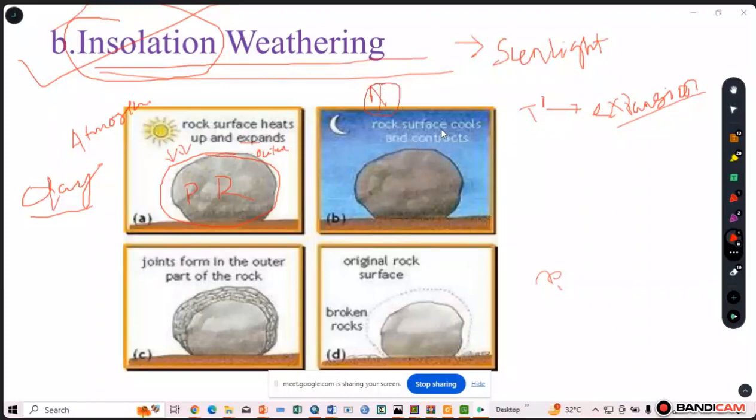After the cooling, contraction of the rock occurs. So this involves the day and night processes: expansion plus contraction.